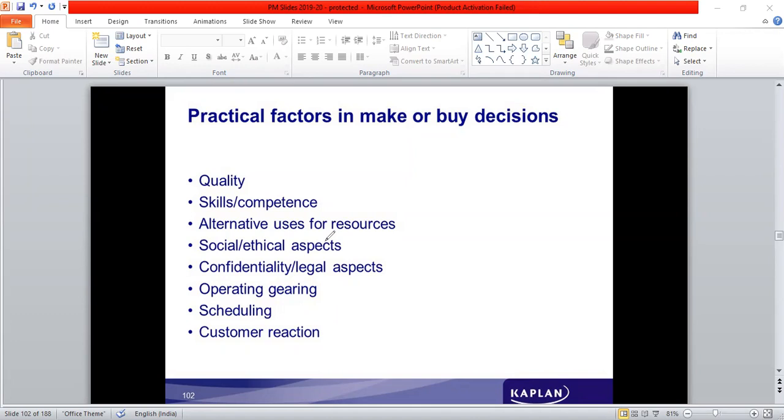Operating gearing is a concept which looks at the proportion of the variable cost.